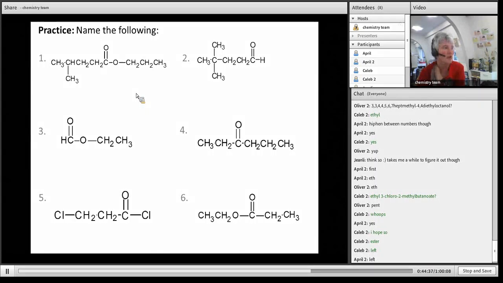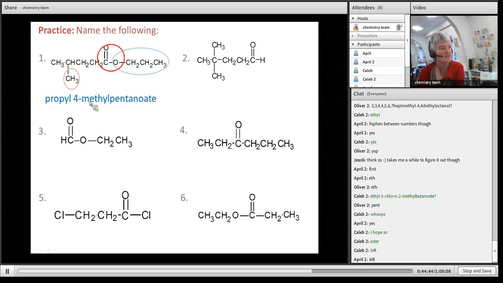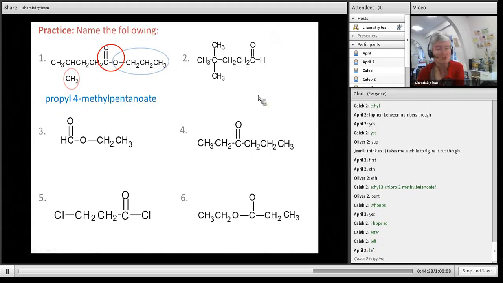The left. Okay, so it's going to be pretty much propyl, and then it's got a side chain in there, so it's 1, 2, 3, 4, 5. So it's propyl. There's a pentanoate, but with a side chain. So propyl space 4-methyl pentanoate.